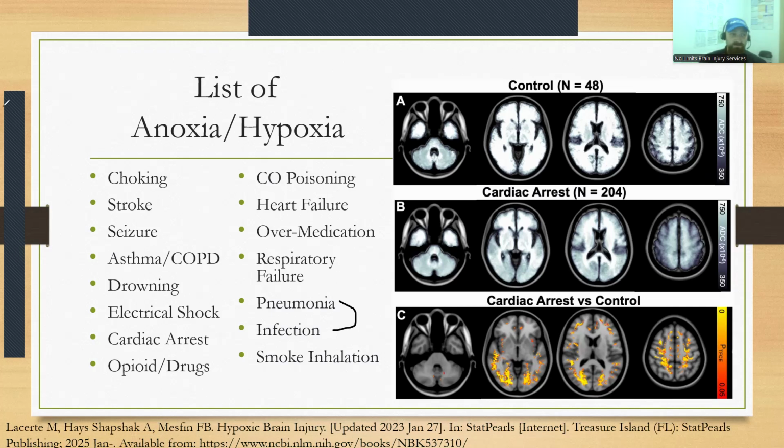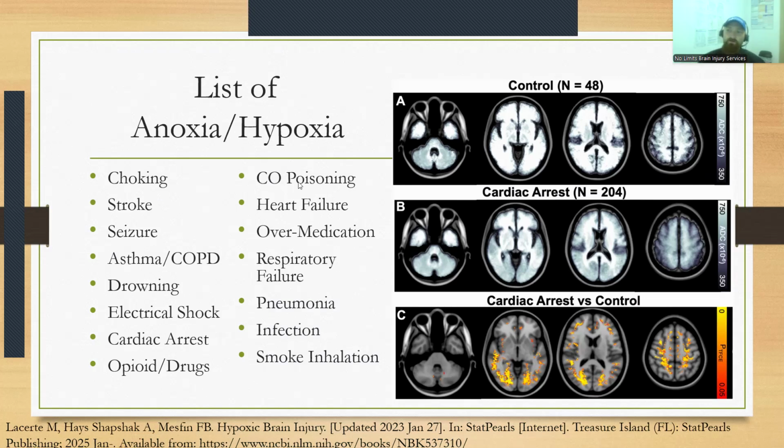Also, smoke inhalation. If you are a firefighter, or maybe you need the firefighters, smoke inhalation is also bad for your lungs. It'll cause damage to your lungs, but also could cause you to be in a state of hypoxia or anoxia, both of which are bad.